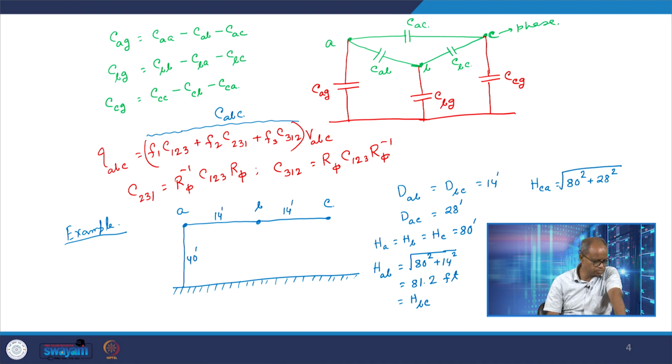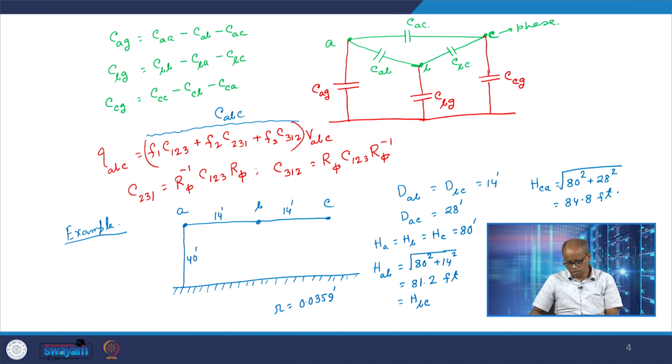That turns out to be 84.8 feet, and the radius is given as r is equal to 0.0359 feet.